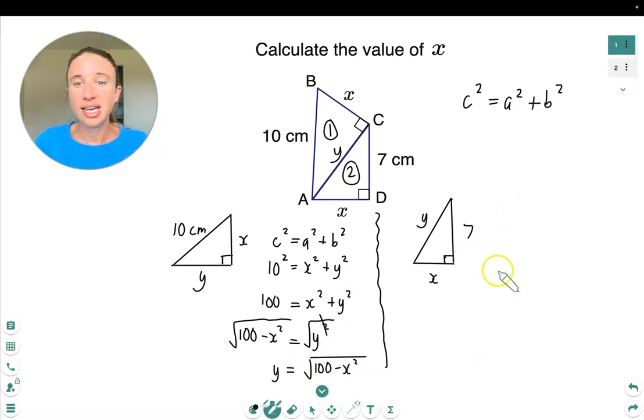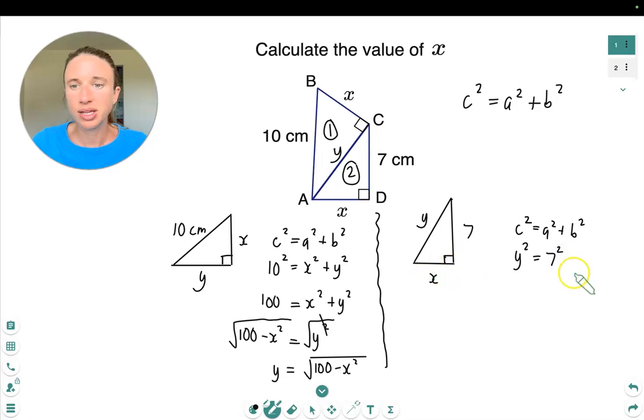We're going to do the same thing for this triangle. We're going to form an equation and then rearrange for y. Then we're going to set them equal. It'll make sense soon. So start with Pythagoras. Substitute in: your longest side this time is y squared. It was the shortest side over here. So 7 squared plus x squared.